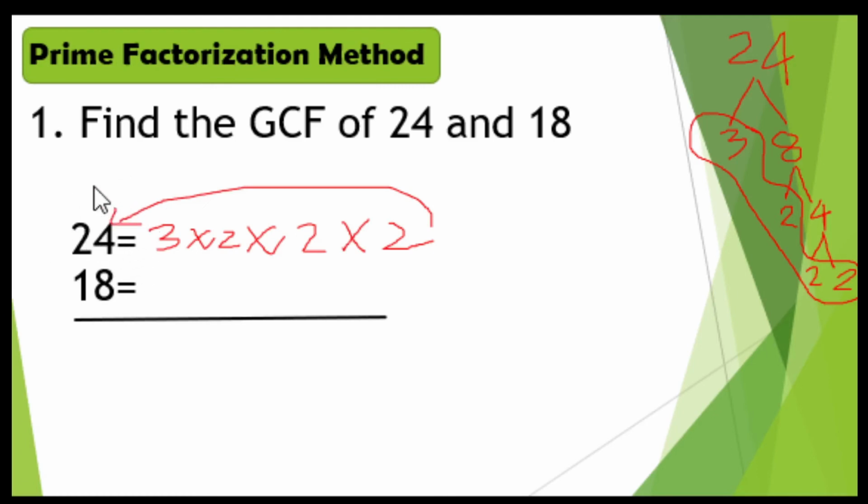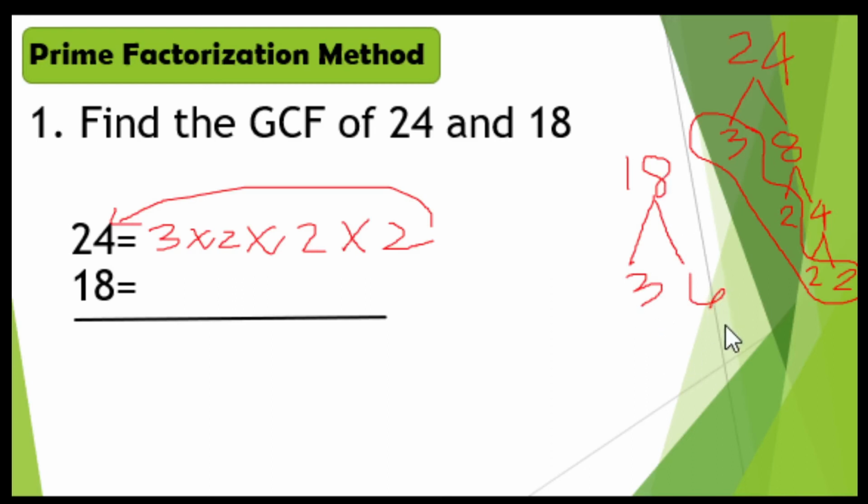Next, let's proceed to 18. How will you get the prime factors of 18? We can still use the tree method. 18. What are the 2 numbers to get the product of 18? Let's have 3 times 6. Since 3 is already a prime number, we don't need to factorize.